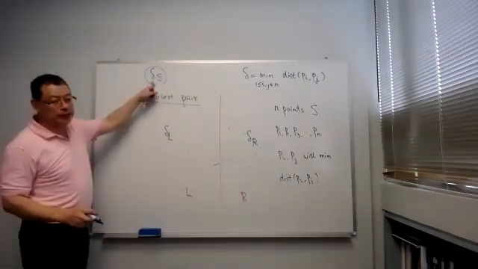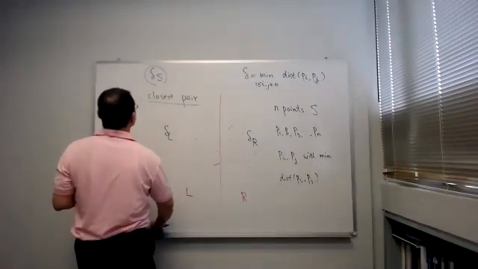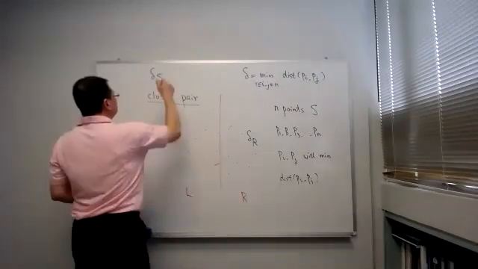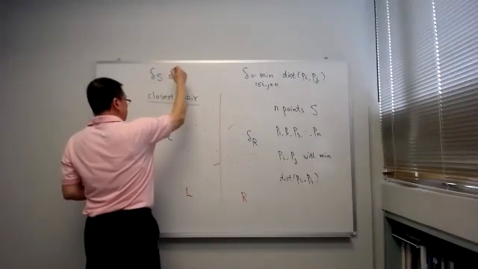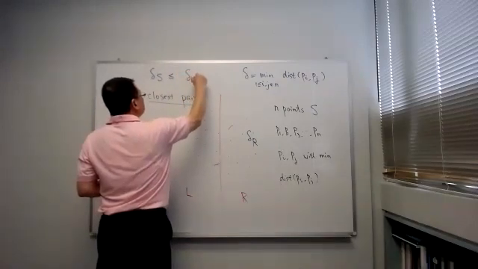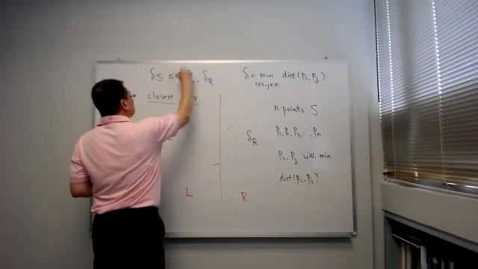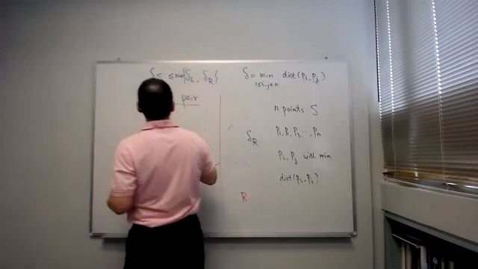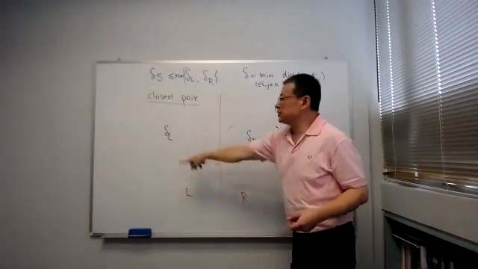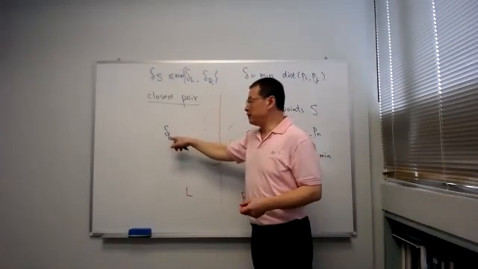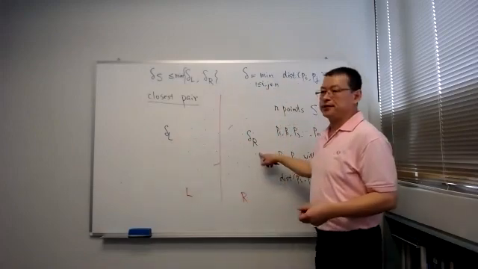So of course, what we see is this one, of course, is at most delta L, delta R. The solution for the whole set of points is at most the minimum of the solution for this side and this side, of course.